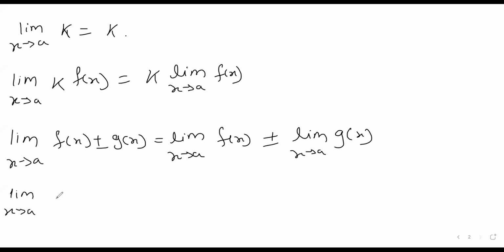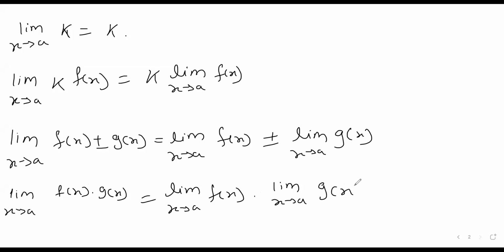Then limit x tends to a f of x into g of x. It is limit x tends to a f of x into limit x tends to a g of x. And the last one is limit x tends to a f of x upon g of x.